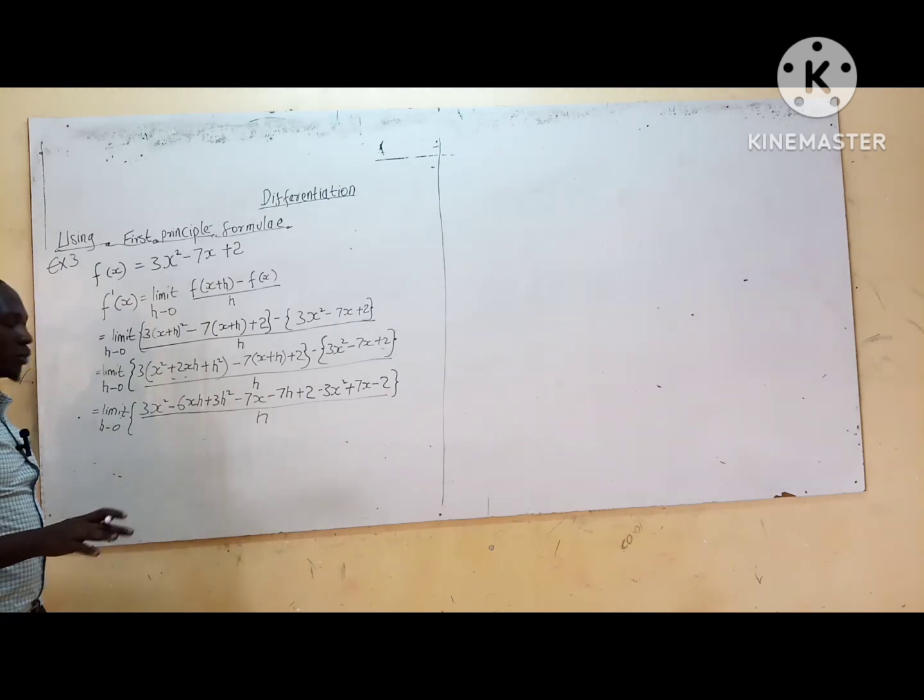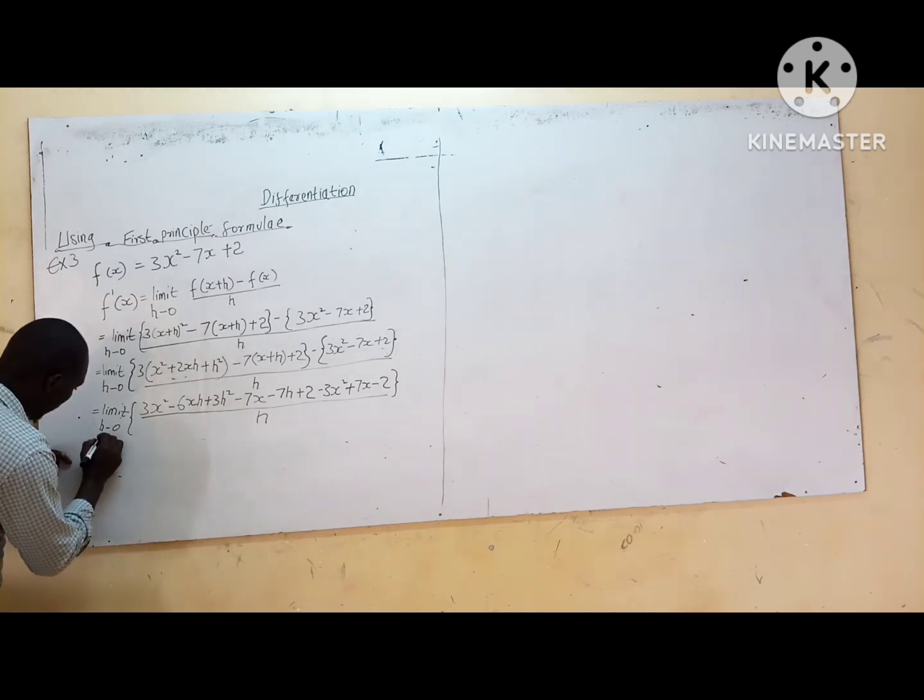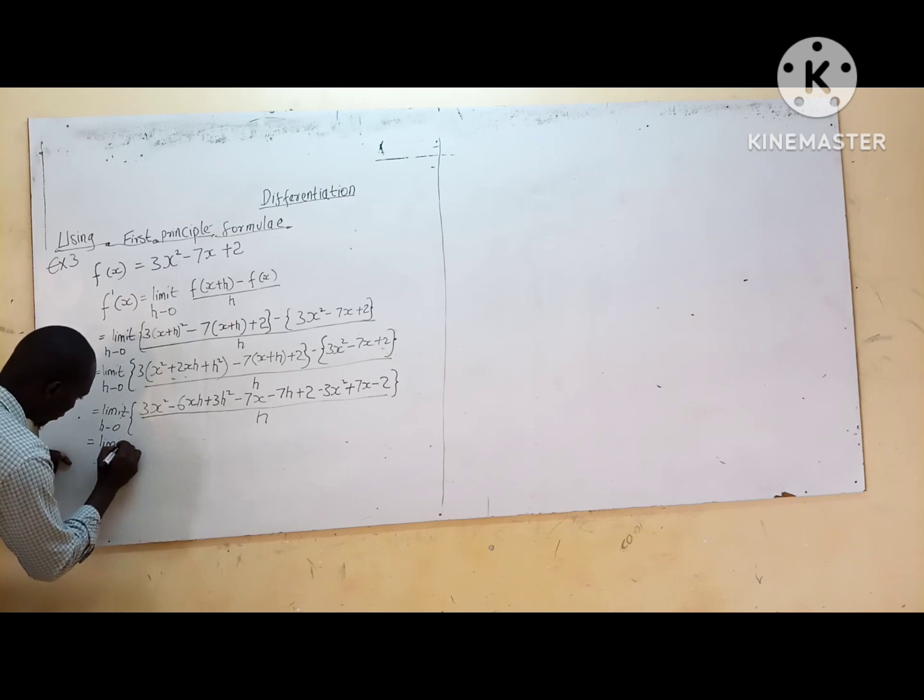Now let us try to collect the like terms together. Limit h approaching 0.